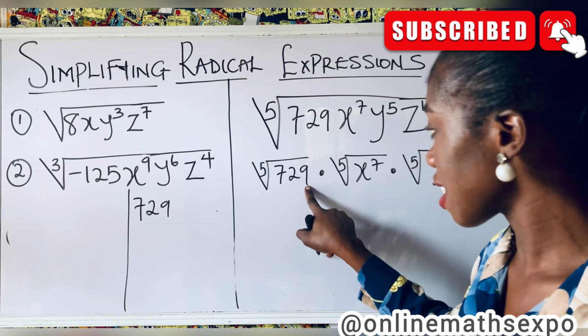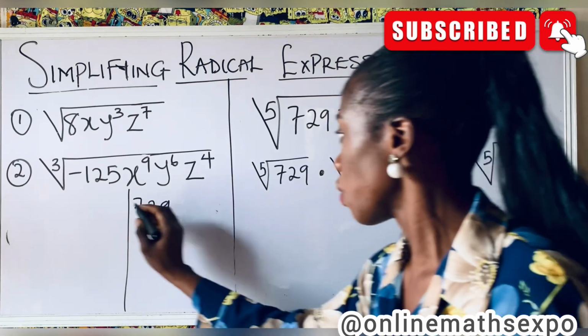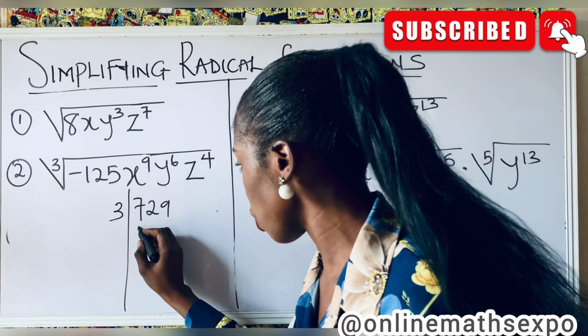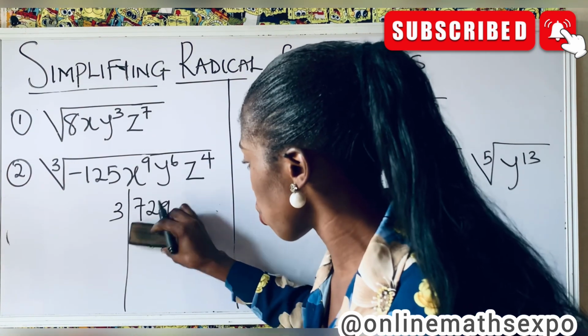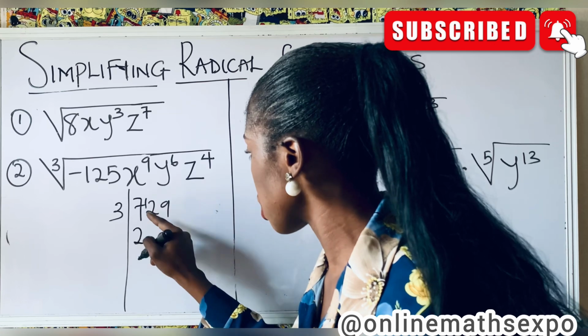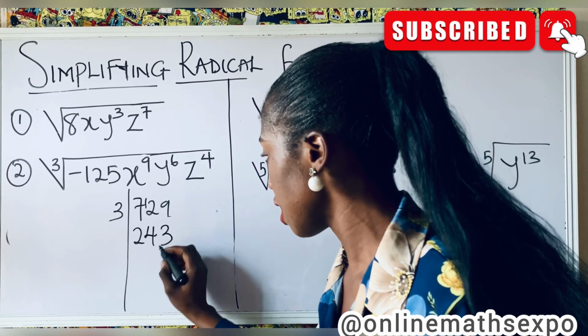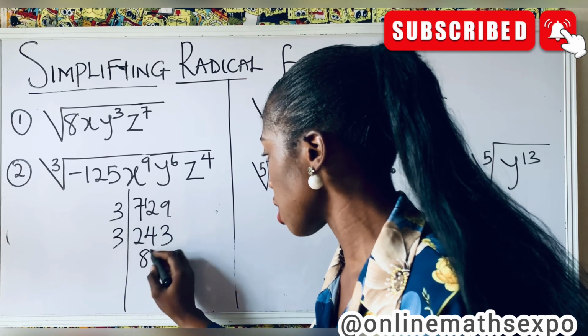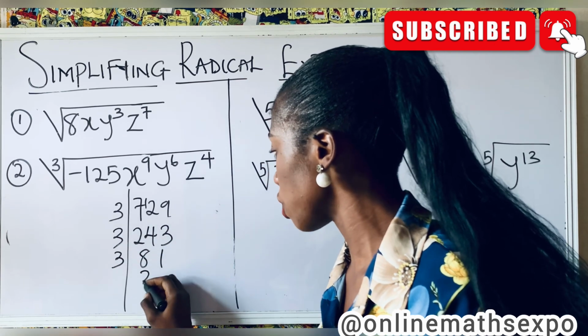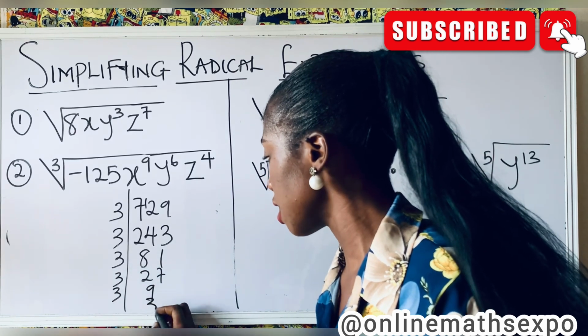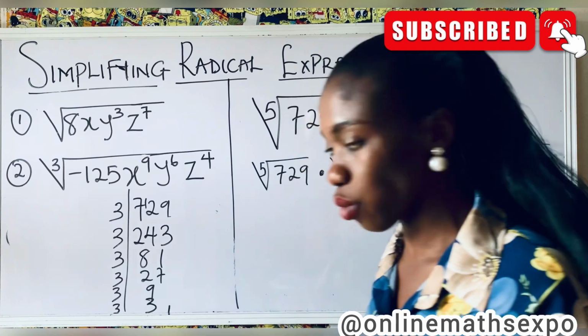The last digit is 9, so we can divide it by 3. 3 goes in 7 twice, remaining 1, put it here is 12. 3 goes here 4 times, 3 in 9 is 3, 3 can go again to give us 81, 3 in 81 is 27, 3 in 27 is 9, 3 in 9 is 3, and 3 divides itself is 1.